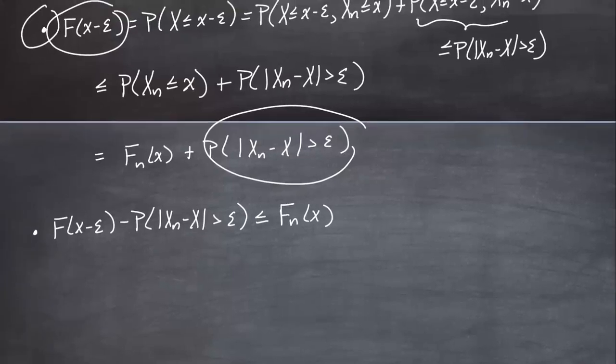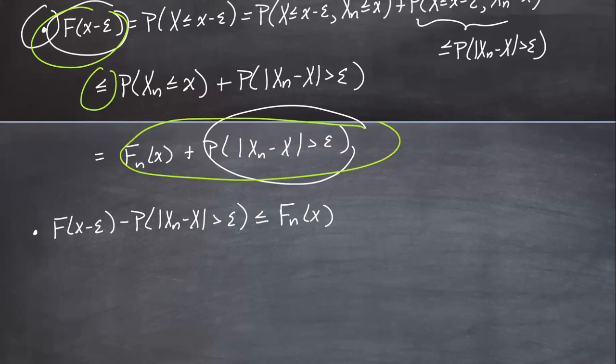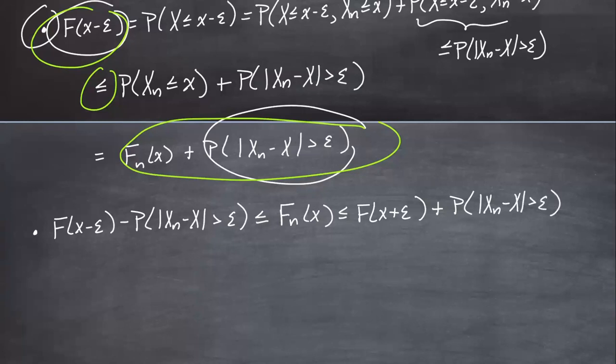So that is this sort of reorganized. And if you go back up to the previous line, we did say that Fn(x) is less than or equal to F of x plus epsilon plus the probability that |Xn minus X| is greater than epsilon.